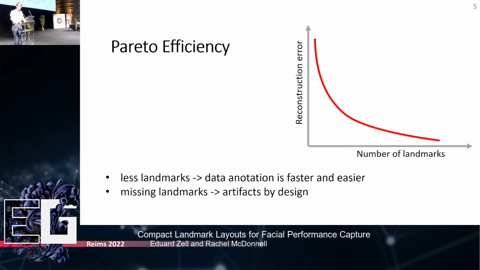However, if we use too few landmarks, we might not be able to recover the facial motions anymore. Thus, similar to all compression algorithms, our goal is actually to find an optimal Pareto solution. So what we are looking for is a balance between a small reconstruction error and a small set of landmarks.